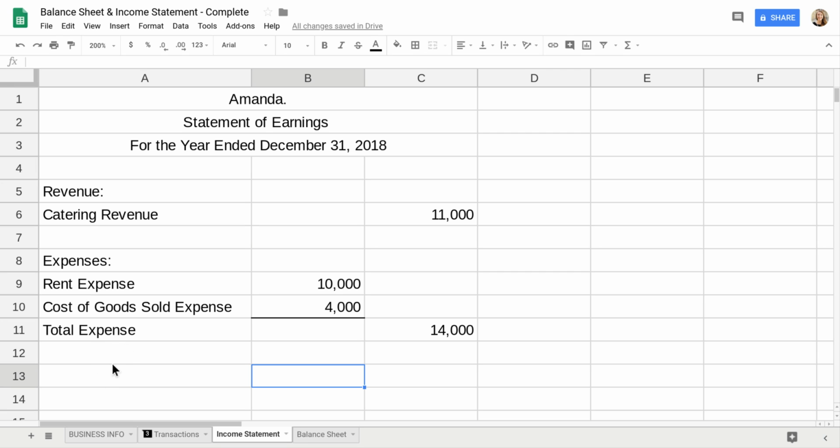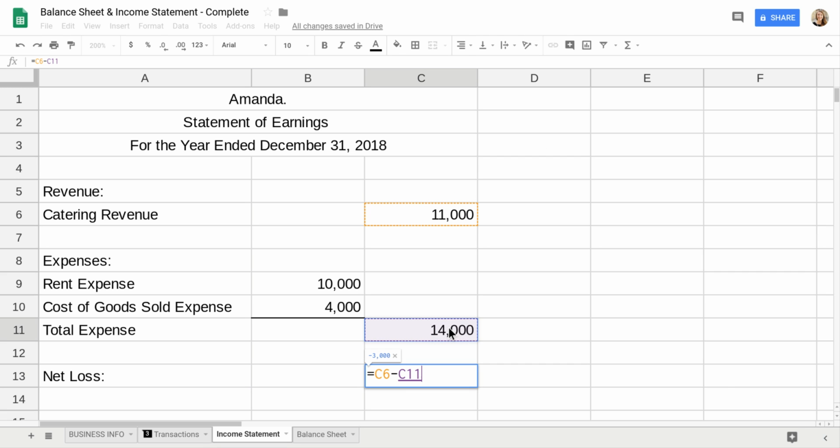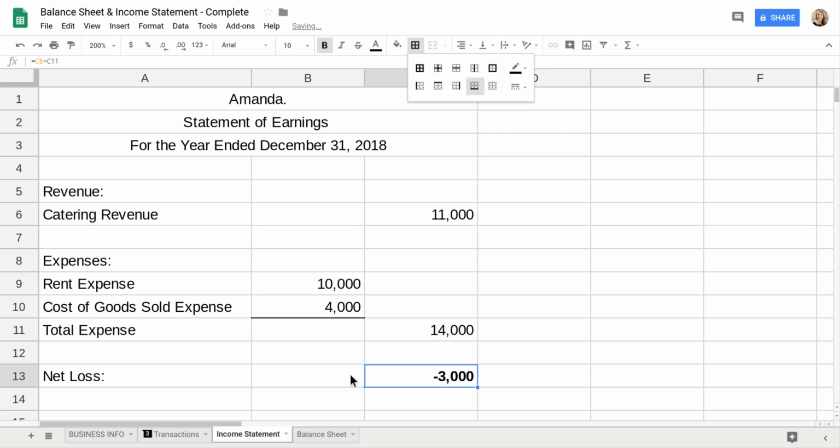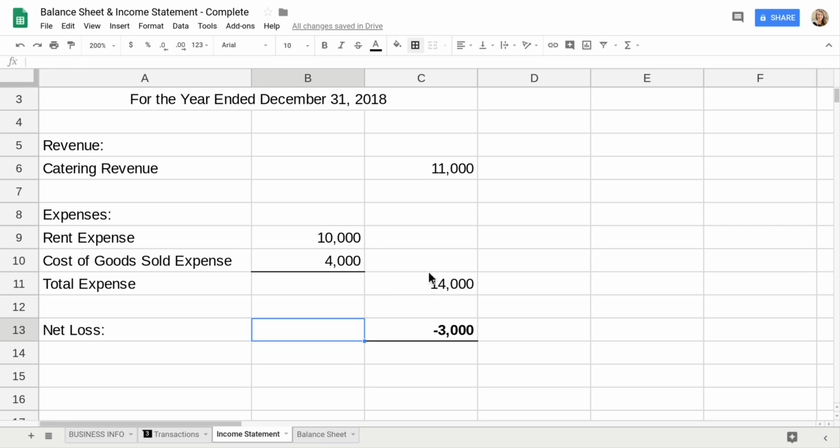So that means we have a net loss. A net loss of 11 minus 14. This one gets bolded and underlined. Okay, so we've done that.